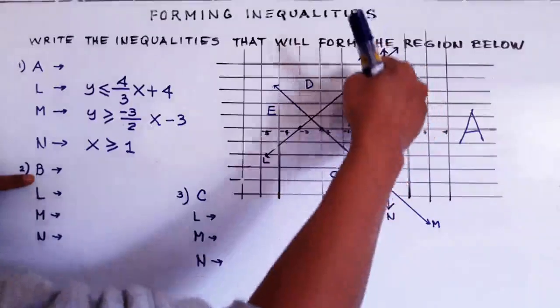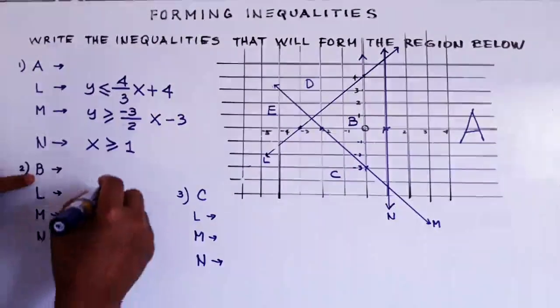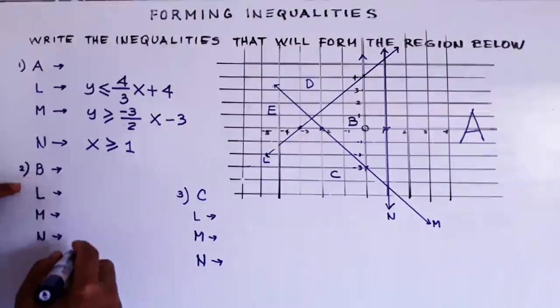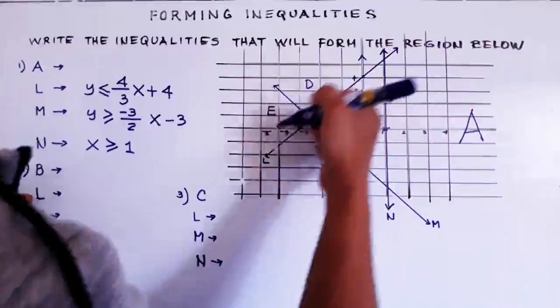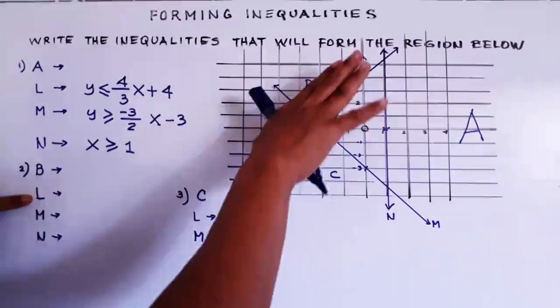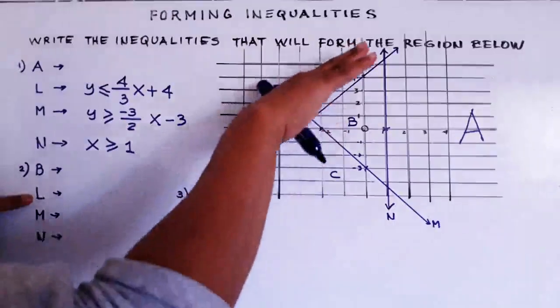The triangle area. Okay, to form B, the true values of these 3 inequalities will be here. Region B. So let's have the L. Where is the L? L is here. So L, the B is here. Is the true area going down or going up? It is going down.